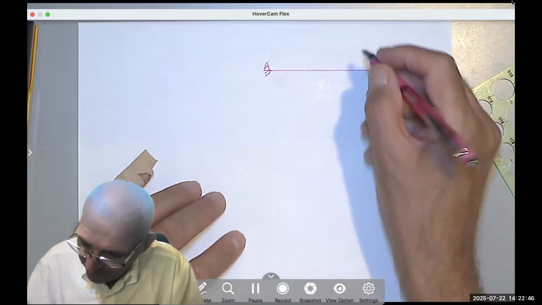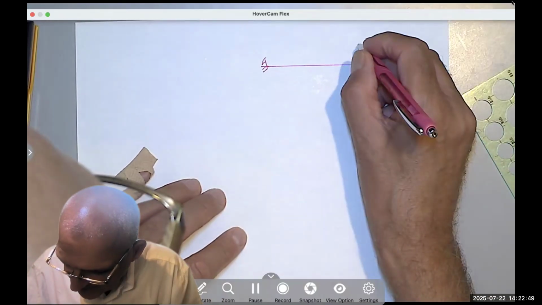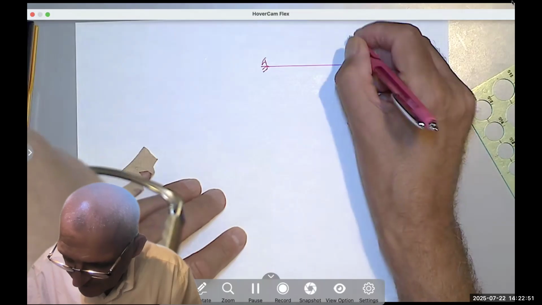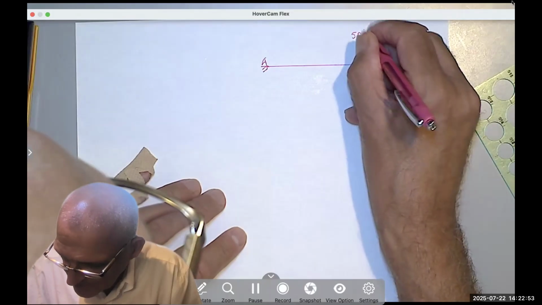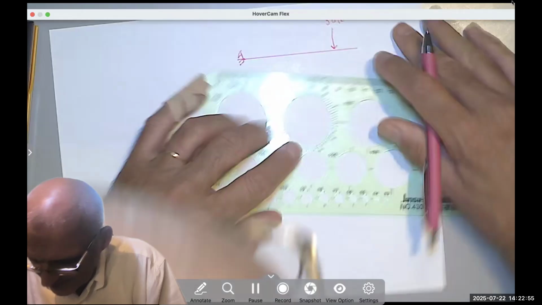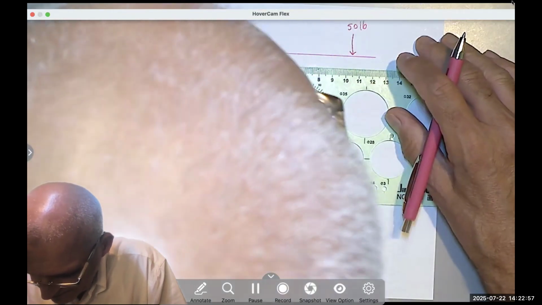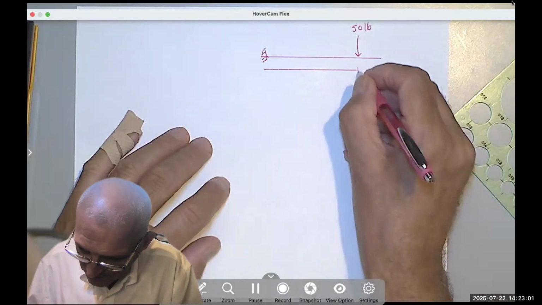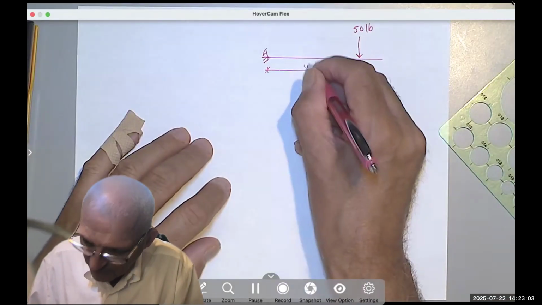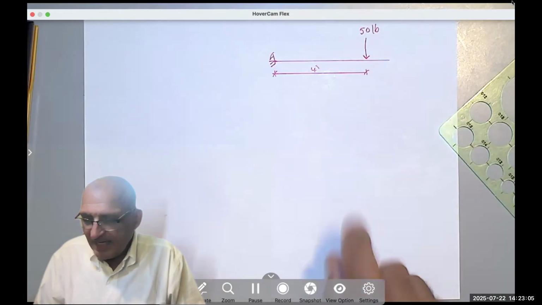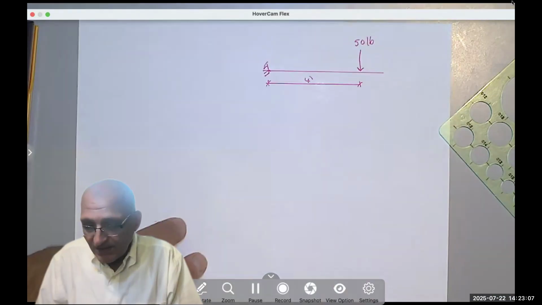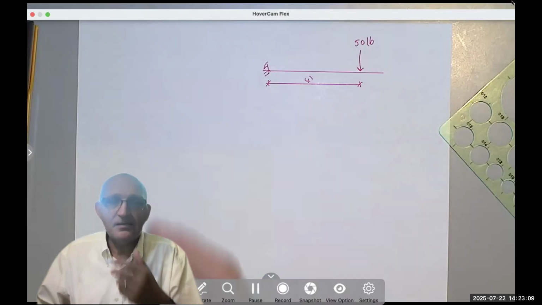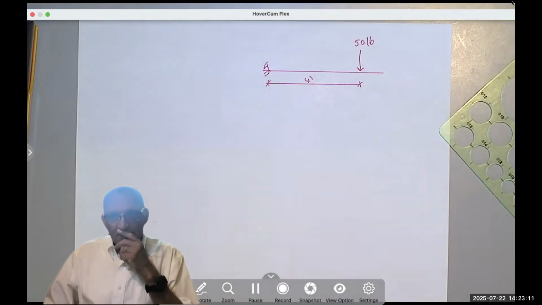And then you have a force here. Let's take a very simple example. A force of magnitude 50 pounds, and it's maybe whatever, 4 feet away from the support. And we want to see, what does the support feel? Okay?